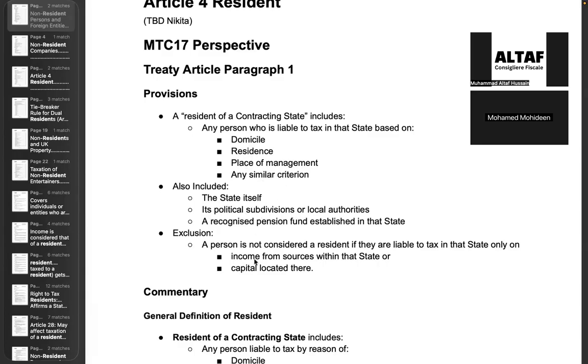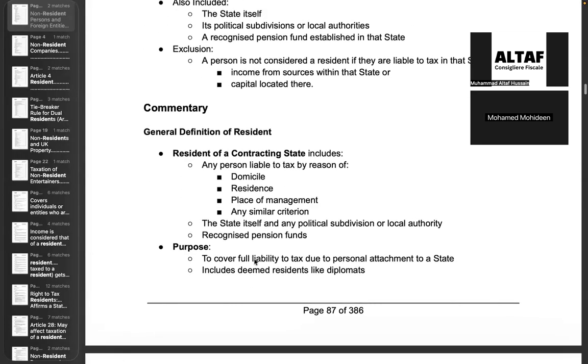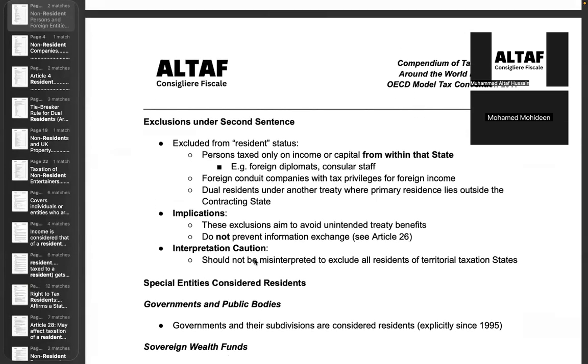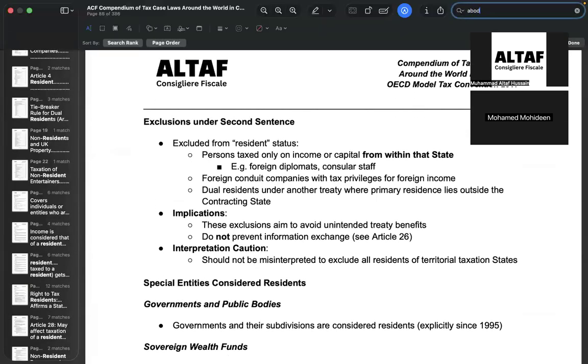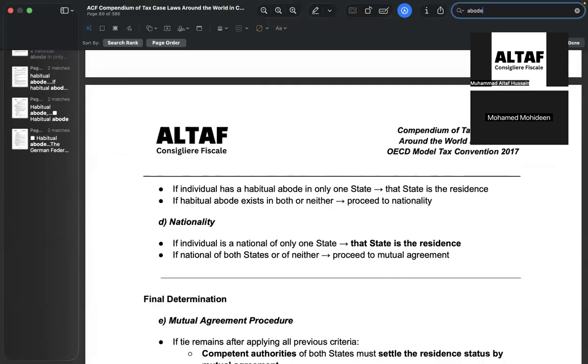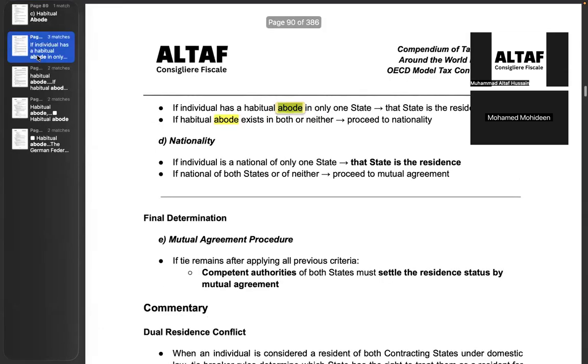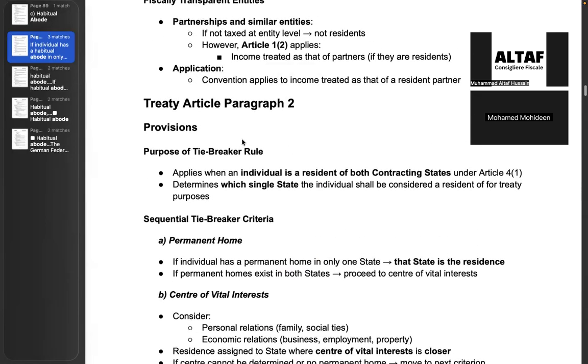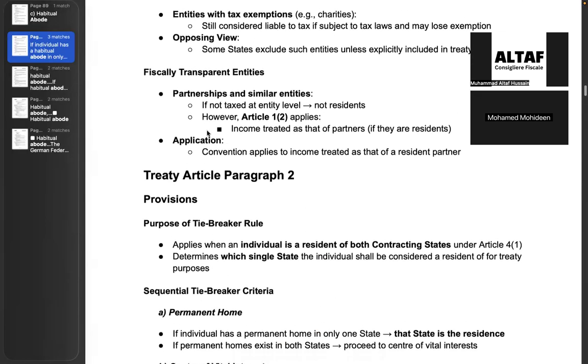And when we go into further discussion of this, for a natural person, let me check where the abode condition is mentioned. Yeah, there you go. Article 4, paragraph 2.